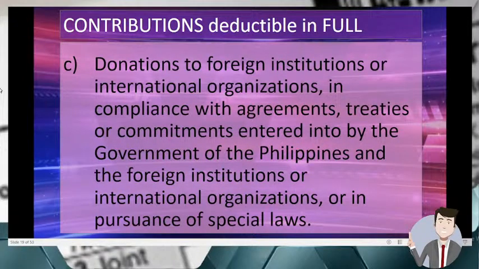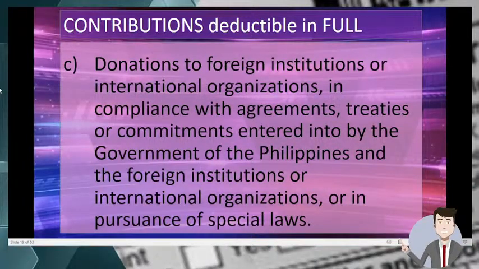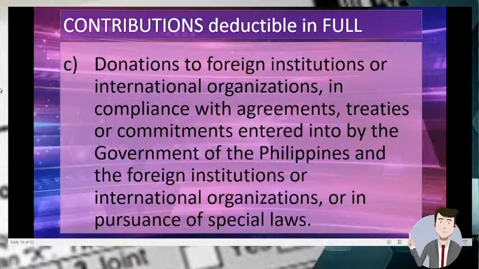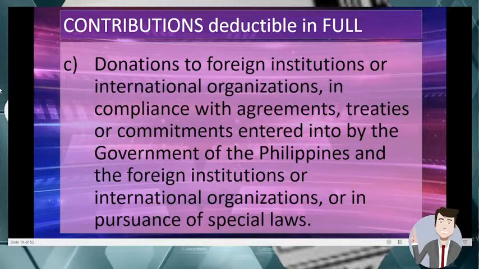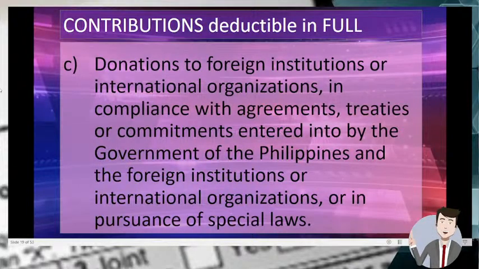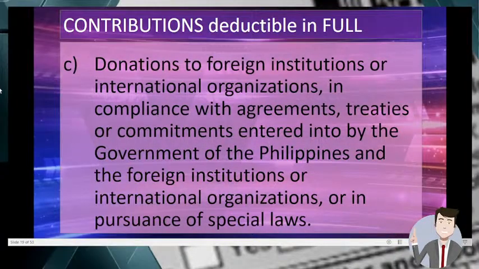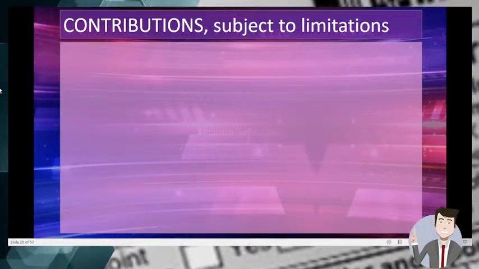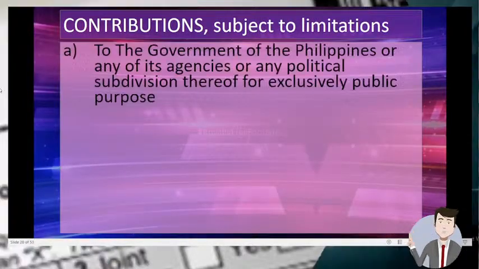So, what you are going to look at in letter C is that the Philippines is a signatory to the agreement or to the treaties. Okay? To the foreign institution or international organizations. When you say international organizations, these are non-government organizations. Okay? So please take note. Letter C.